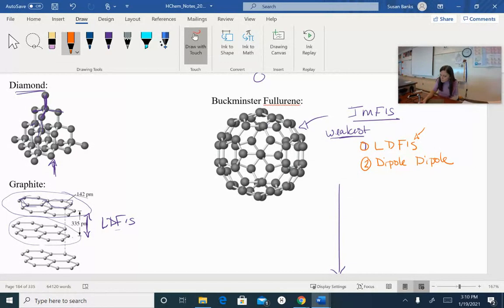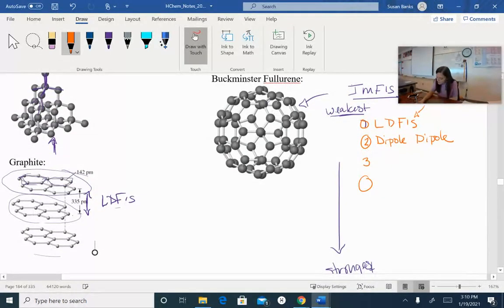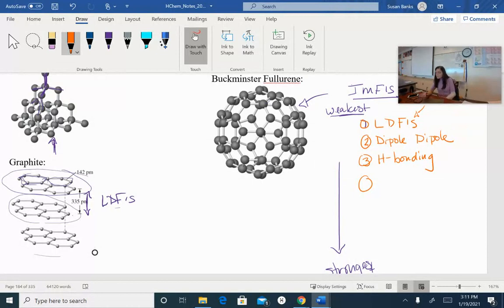Okay, but dipoles are not temporary. So they're stronger than the individual LDFs. Next are hydrogen bonding. Okay, hydrogen bonding are the next strongest intermolecular forces.